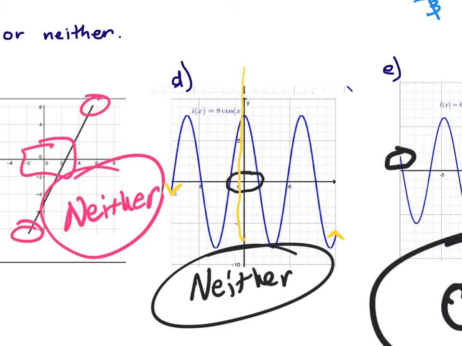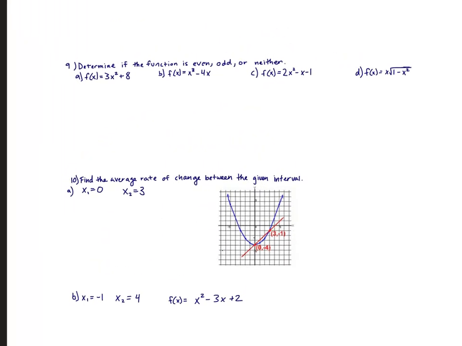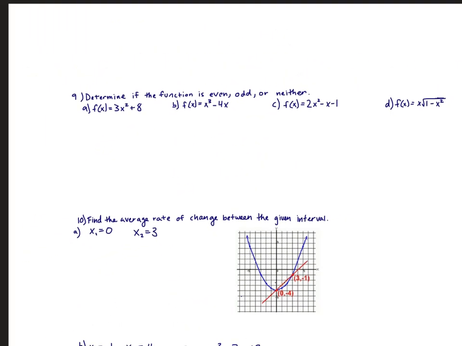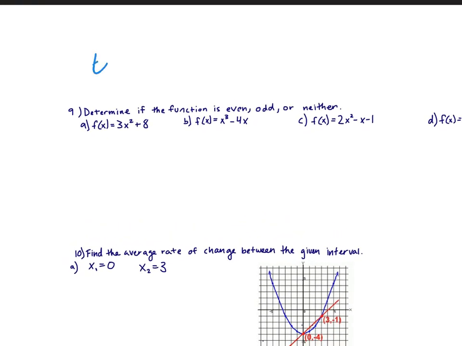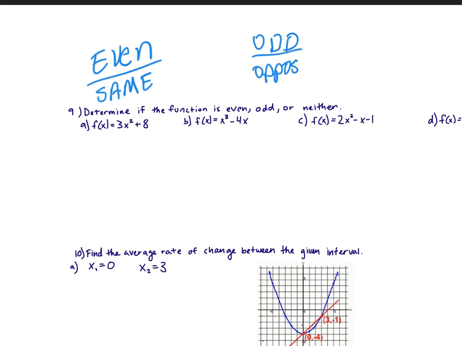All right, let's do these last ones. Determine if the function is odd, even, or neither algebraically. Remember, write this down. Even is going to have what kind of an answer? The same. Odd is going to have what kind of answers? Opposite sign. So let's do this.